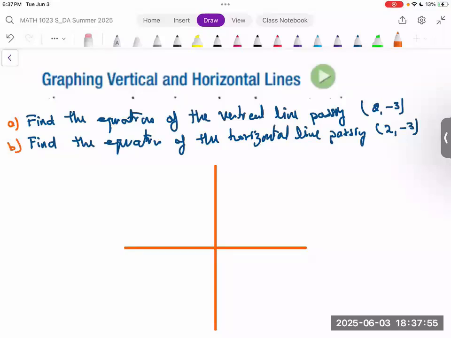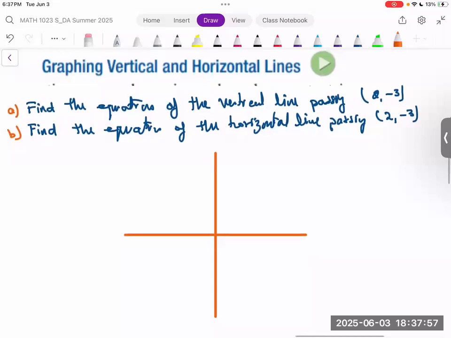So obviously here, 2, -3, I guess everybody can do this. 2 over here, -3 over here, and the point that you're looking for is this point.